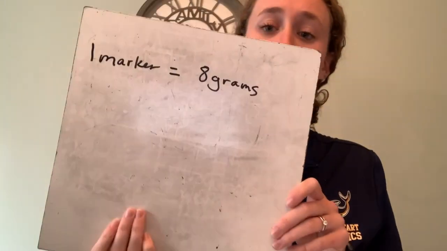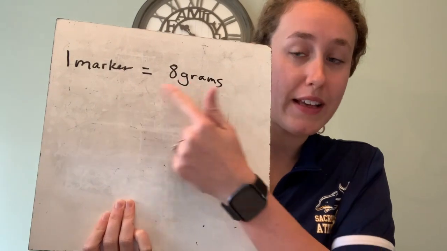The other side of the balance has 1 marker. So that's important information for us to know. We know that 1 marker equals 8 grams. And I'm writing this down. I think it's helpful for me to keep my thinking straight. You don't have a lot of room there in your book, but maybe you could write this down on some scratch paper. So we know 1 marker is equal to 8 grams.